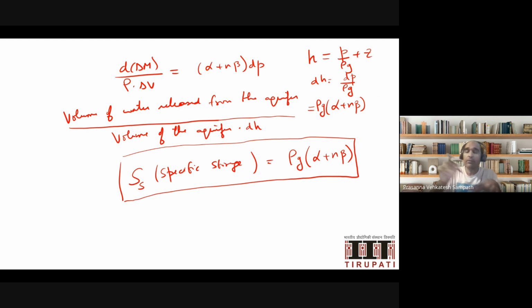So all of these factors are reflected in that term on the right hand side, where you see it's alpha plus n beta. So alpha is the compressibility of the aquifer, beta is the compressibility of the water, and n is the porosity of the aquifer. And rho and g, of course, rho is the density of the water, and g is your acceleration due to gravity.